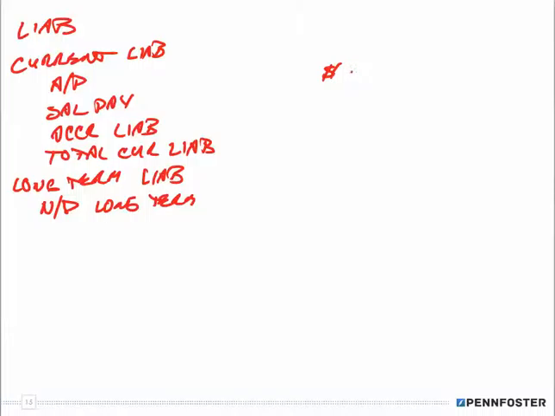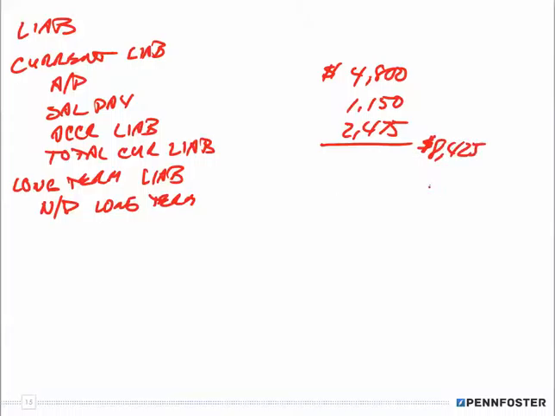Okay, so now I'm at 3 columns, 4,800, 1,150, and 2,475, which would then give me my total current liability of 8,425, and then I have a long-term liability of 23,000, and that would give me my total liabilities here of 31,425. Okay, then we move down to our equity.